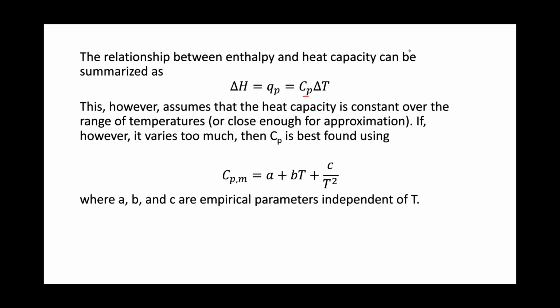This is the same basic idea. In this case, the molar heat capacity at constant pressure is constant A plus constant B times T plus so on and so forth, where A, B, and C are empirical parameters, not defined but discovered for an individual substance.